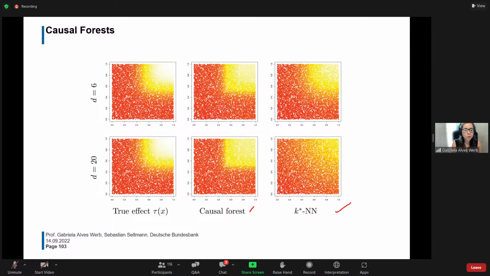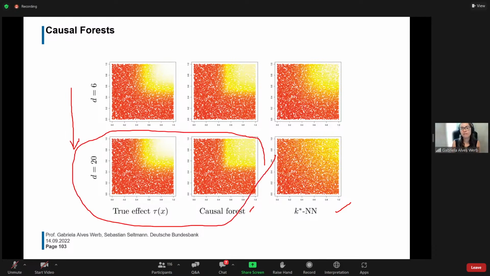And we see that if we don't have a very high dimension here, so if you only have a dimension of 6, then we can actually also do a good job with other methods. But as we're moving towards higher dimensions, things look quite nice with causal forest, but with other methods, not so much, because they really start to suffer from the curse of dimensionality if you would really start making all these interaction terms with the treatment effect, right? So that's, in my opinion, the big gain that we have from using it.